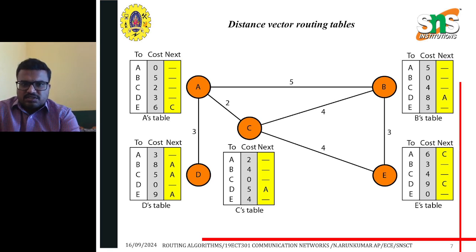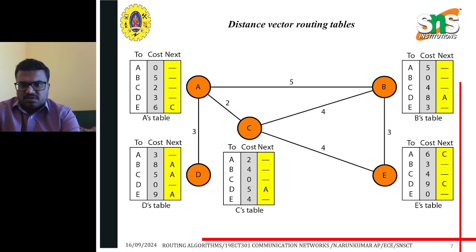The next node is the one that is not connected to the neighboring node, so we can find the next node. The next node is the shortest to the corresponding destination node, so I can choose C as the next node for E. While choosing B, the weight of A to B is 5, so we need to eliminate it.